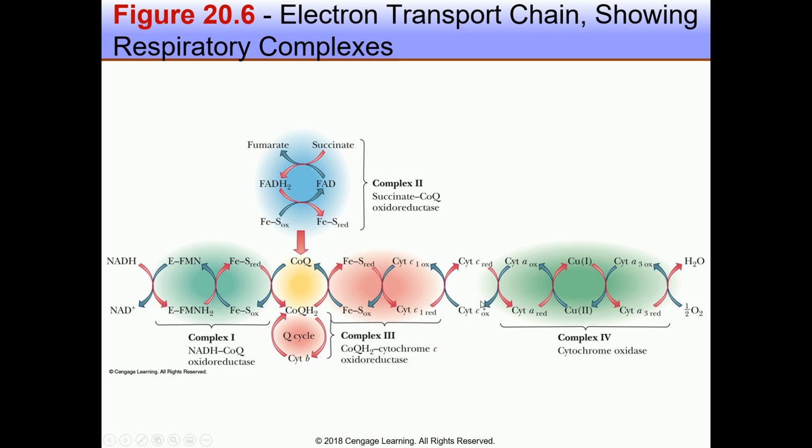So the reduced coenzyme Q delivers the electrons to cytochrome C. So here is cytochrome C. And complex number 4 is called cytochrome oxidase, because it passes the electrons from cytochrome C to oxygen. And in this complex, there are 2 cytochromes, cytochrome A and cytochrome A3, as well as proteins with copper in them.